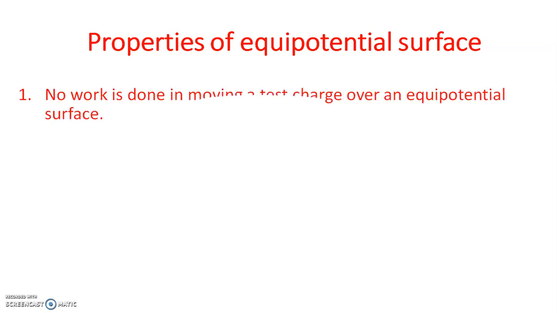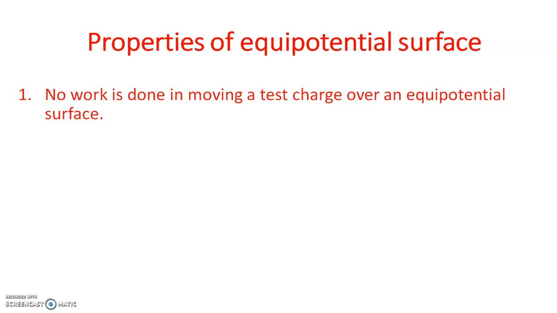So the first property is that no work is done in moving a test charge over an equipotential surface. What it says is, work done to move a charge on an equipotential surface is 0. Why? Because potential is the same over the equipotential surface.